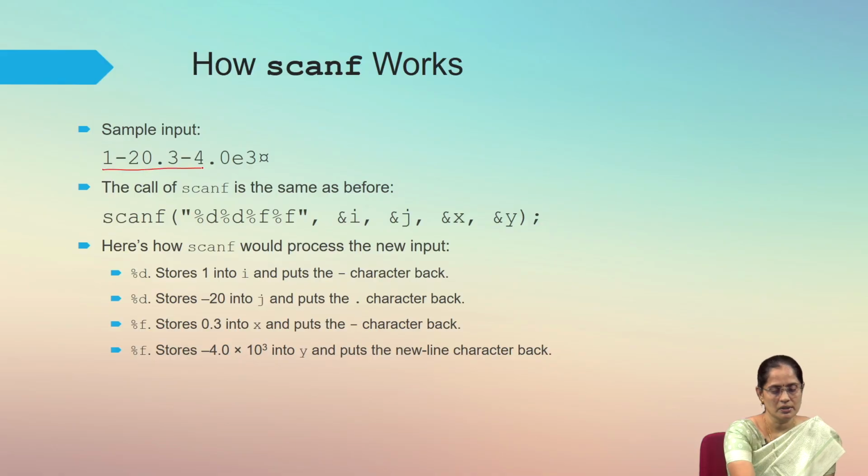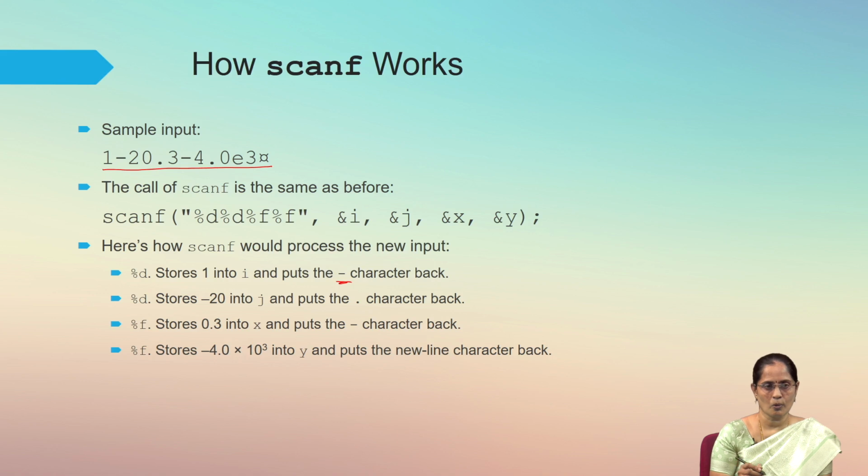If we give the inputs this way, the value 1 will be put into the first variable i, and then it puts the minus character back, and minus 20 will be stored into the next variable.